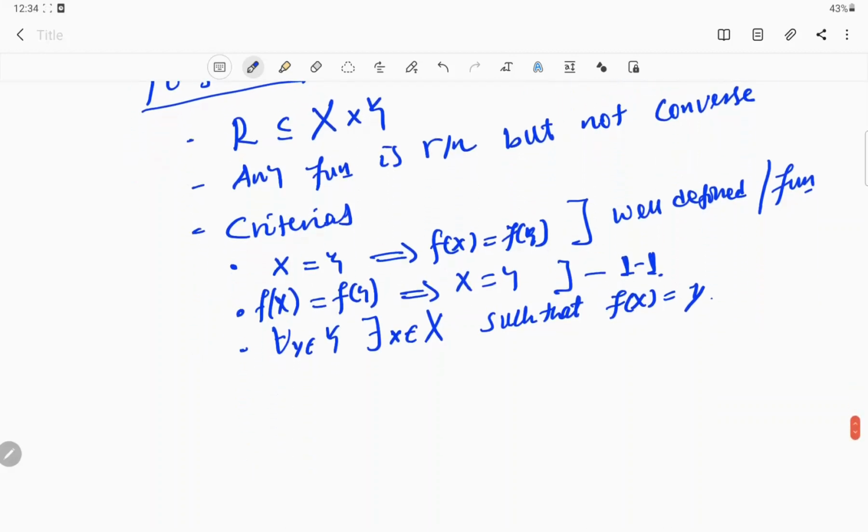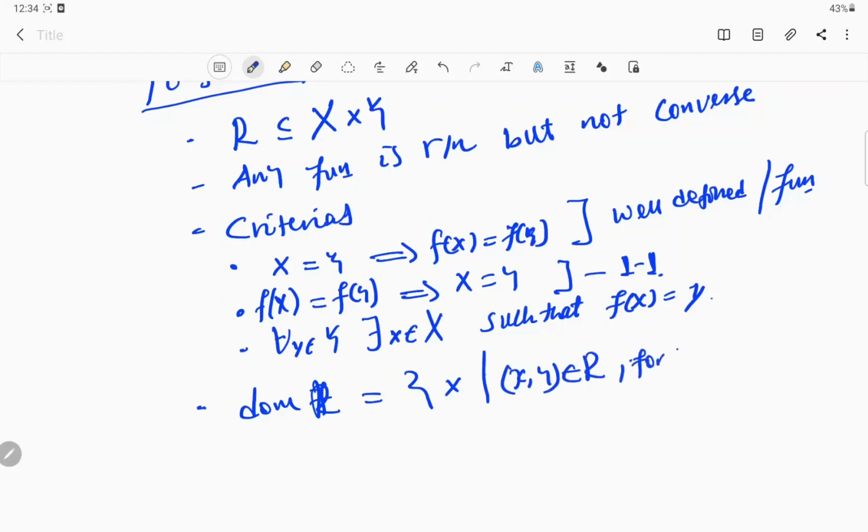These are some points you need to remember. Also, we say that the domain of a relation R is the set of first coordinates x such that (x,y) is in R for some y.